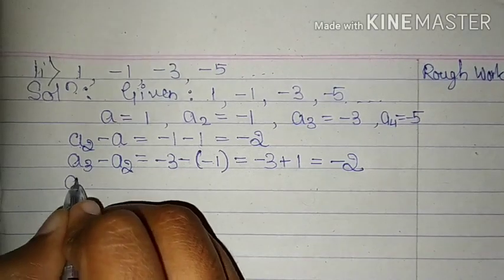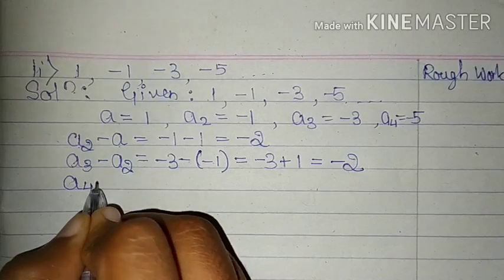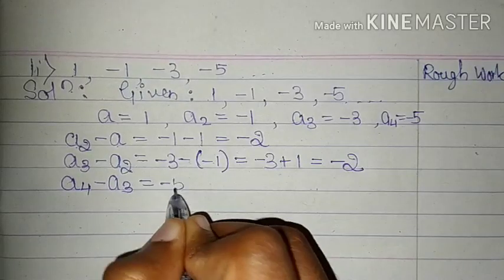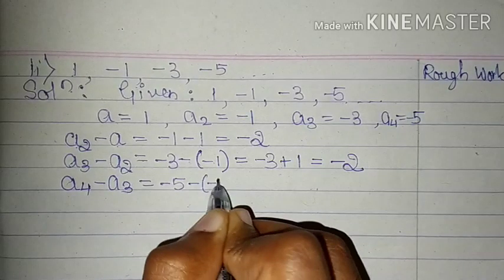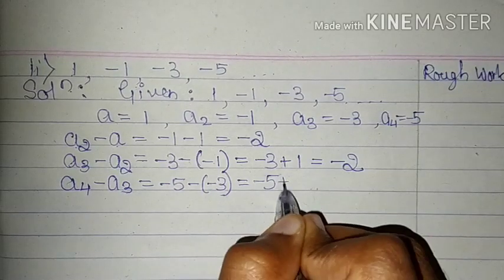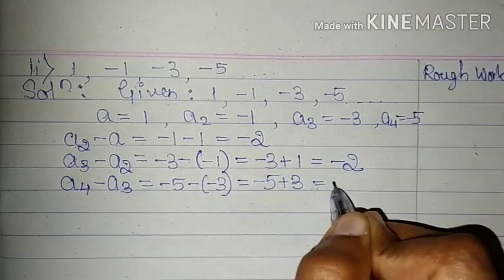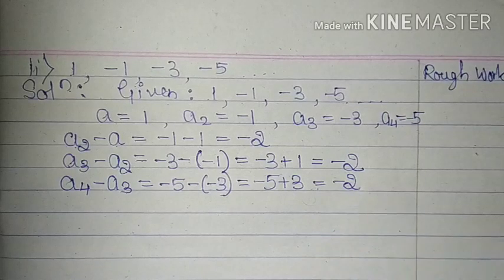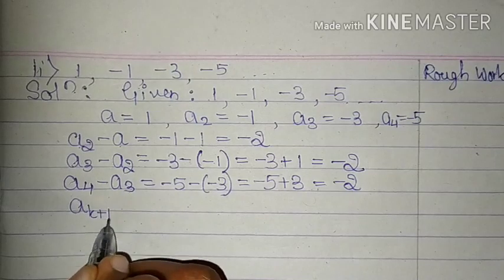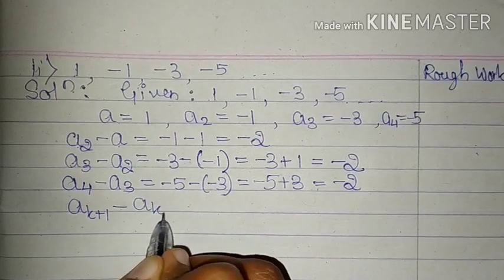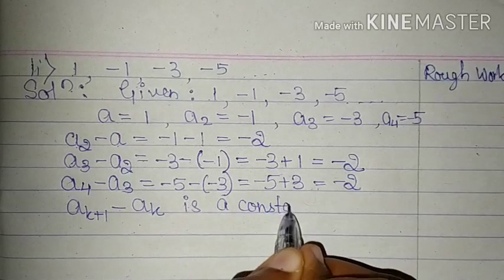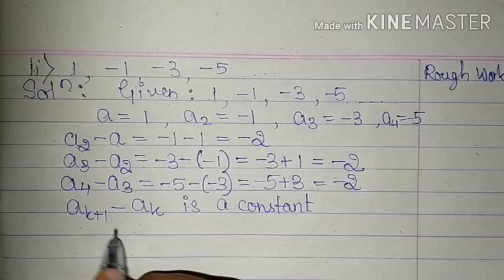So moving on to the last two terms, A4 minus A3, which is minus 5 minus of minus 3, which is nothing but minus 5 plus 3. Once again, the difference is minus 2. So here every time A(k+1) minus A(k) is a constant.